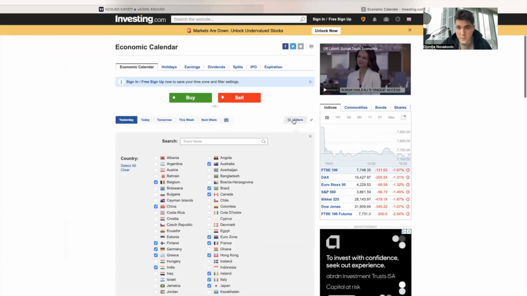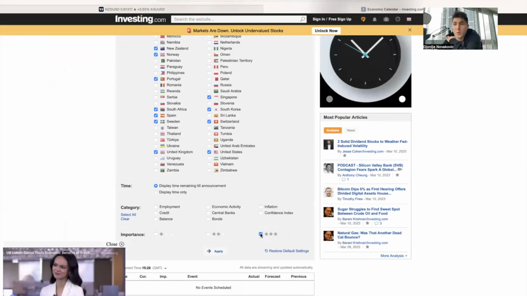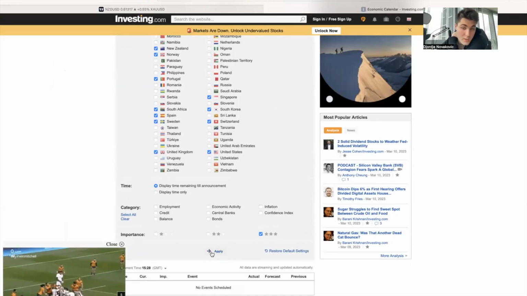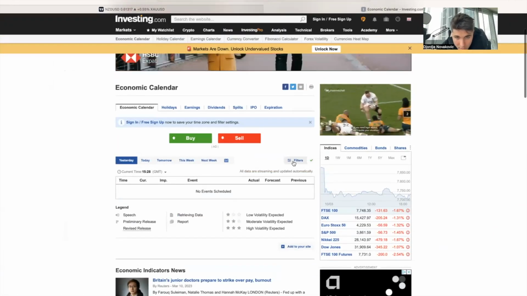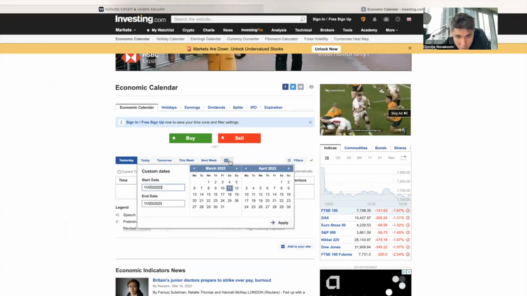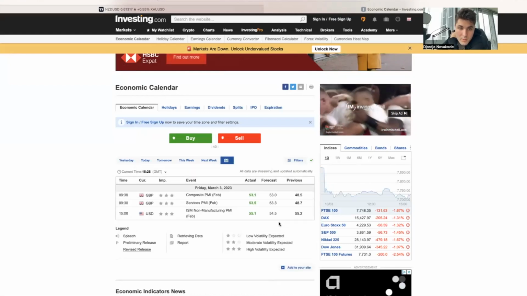On the filter, you can go all the way down and set it to 3-star, which is all the biggest news. We know in advance which news is going to be big. Here, the first Friday of every month, there is the NFP. Apply.